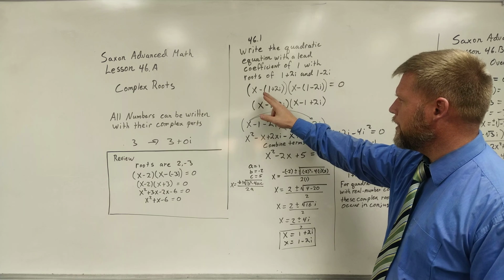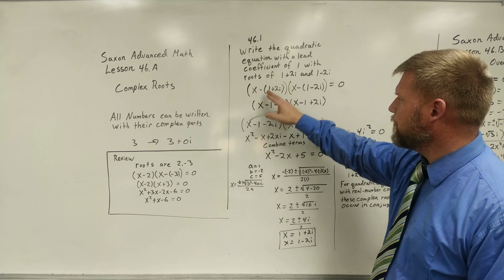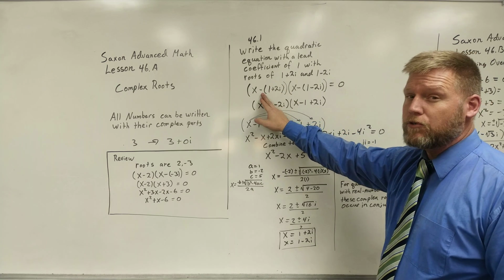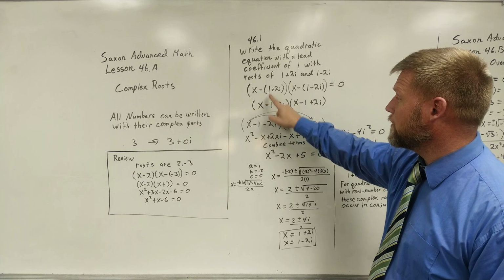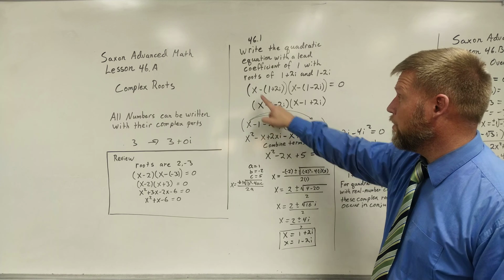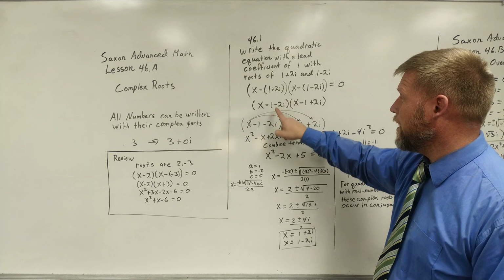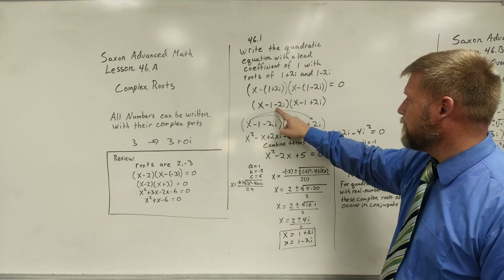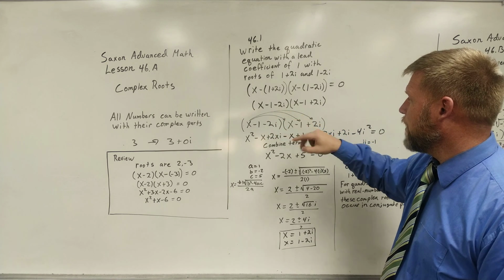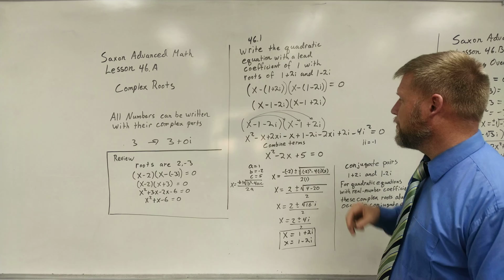Now remember, this is key that you catch this. The negative gets distributed to both terms because there's an understood 1 in front of this parentheses, so when I distribute that, -1 times 1 is -1, and -1 times 2i is -2i. I do the same thing here and end up with x minus 1 minus 2i, and x minus 1 plus 2i.